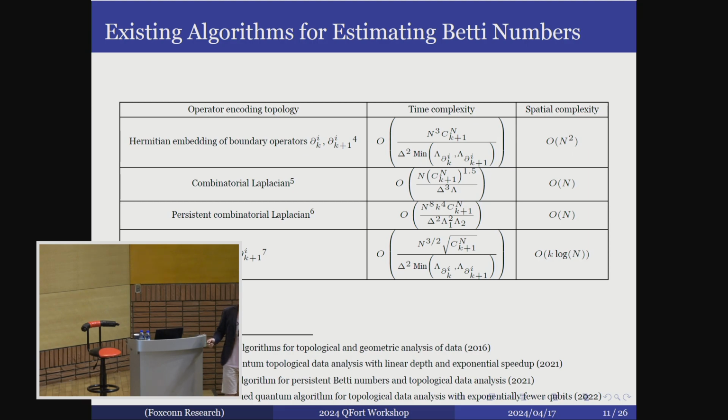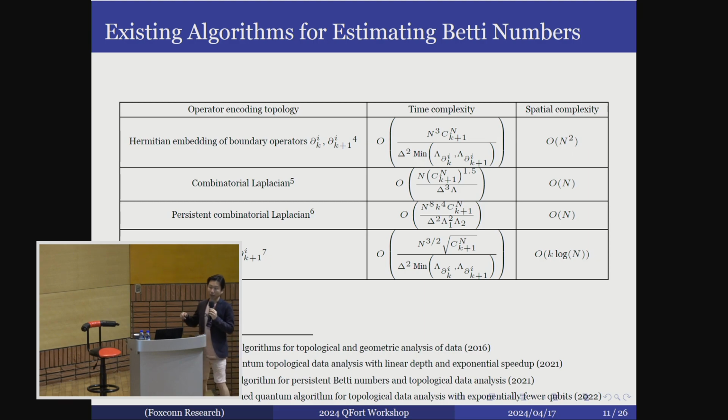But I would like to highlight that those constructions are actually quite non-trivial. The way they construct this boundary operator needs to go through multiple steps. For example, because this boundary operator is not Hermitian, they have to do a Hermitian embedding and then use Hamiltonian simulation techniques to create this kind of operator in the quantum domain.